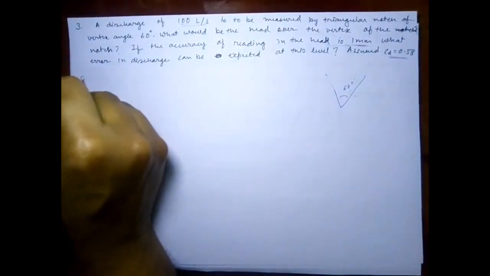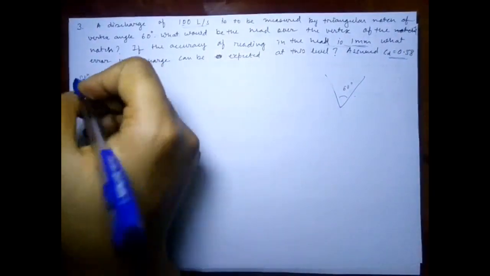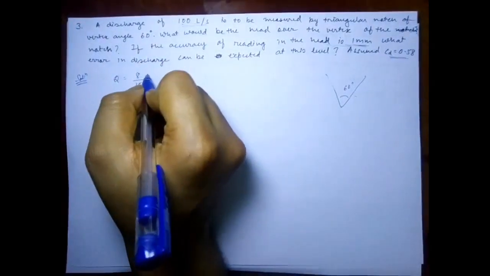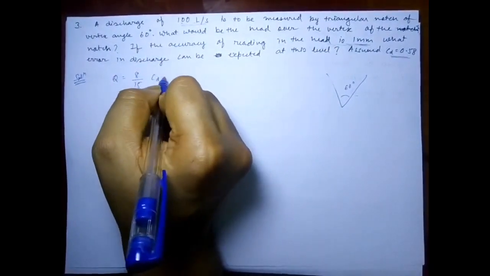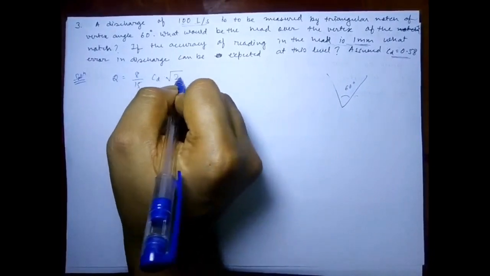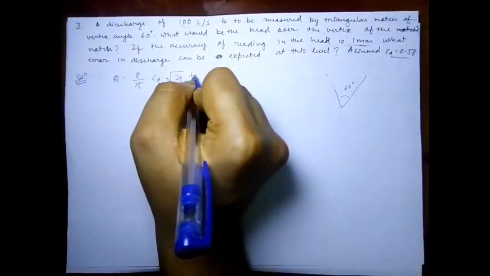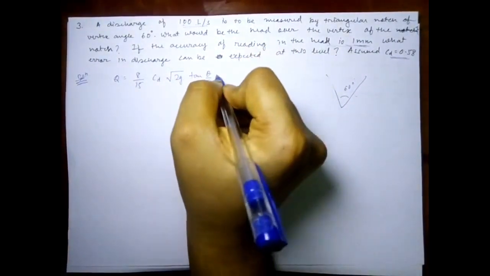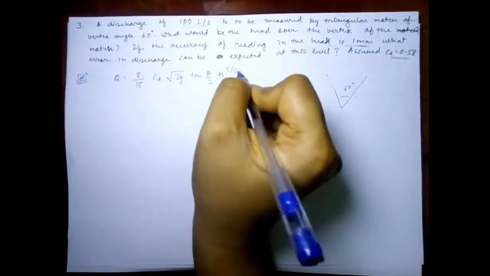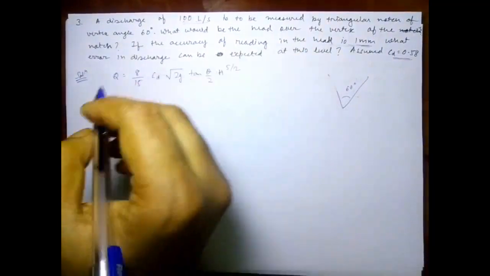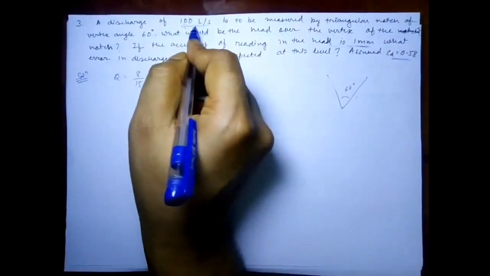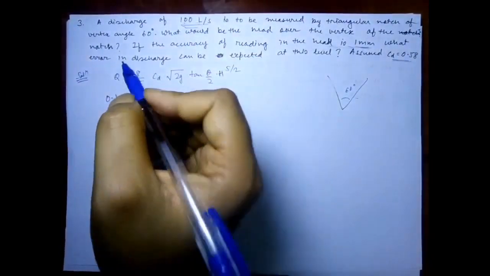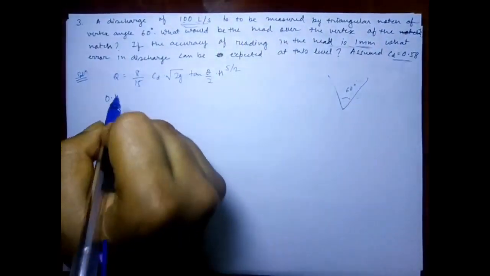So Q is equal to, for a triangular notch, 8 by 15 times CD times root 2G times tan theta by 2 times h to the power 5 by 2. Now Q is 100 liter per second, so it can be written as 0.1 meter cube per second, because 1000 liter is equal to 1 meter cube.